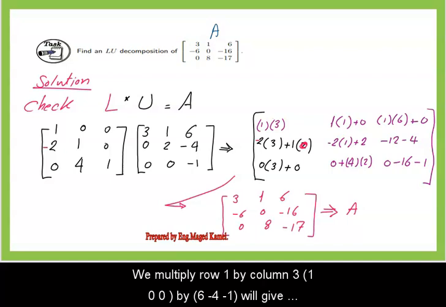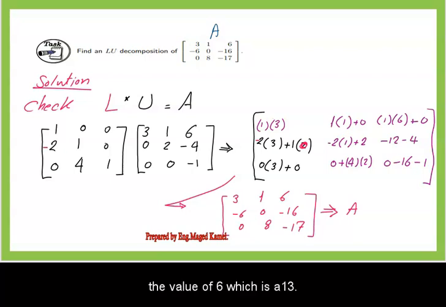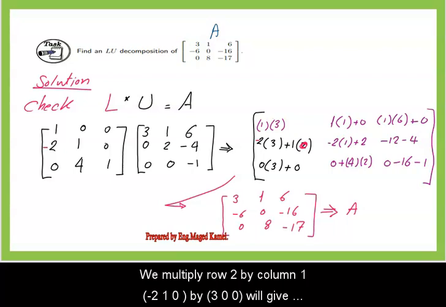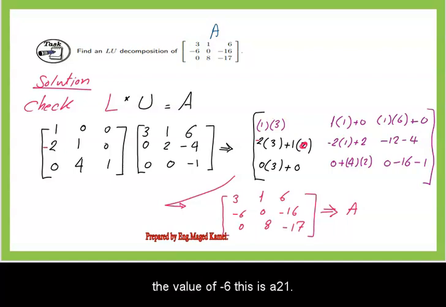We multiply row 1 by column 3. Row 1 is 1, 0, 0. We multiply by 6, -4, -1 will give us the value of plus 6, which is A sub 1,3. We multiply row 2 by column 1. Row 2 is minus 2, 1, 0 by 3, 0, 0 will give us the value of minus 6. This is the value of A sub 2,1.